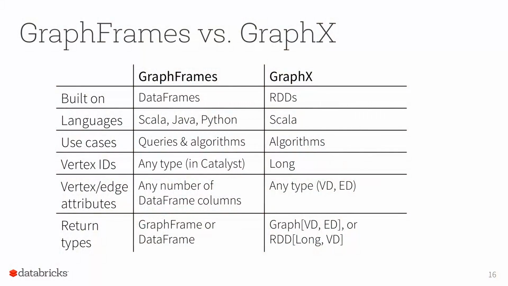So relative to GraphX, we tried to keep it very analogous. GraphX is built on RDDs, graph frames on data frames. Graph frames adds some language support, as well as support for queries and other use cases. Vertex IDs are an interesting case where GraphX required that vertex IDs be long types, whereas in graph frames, you can have that vertex ID column be of any Catalyst type.